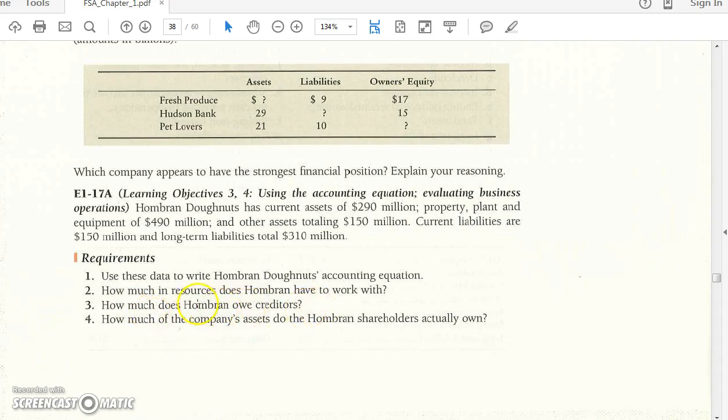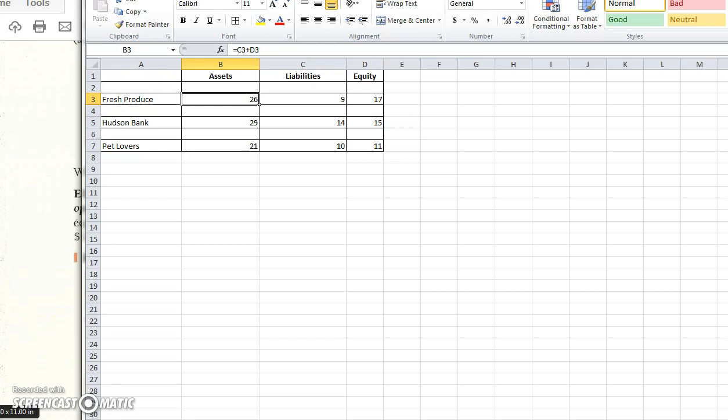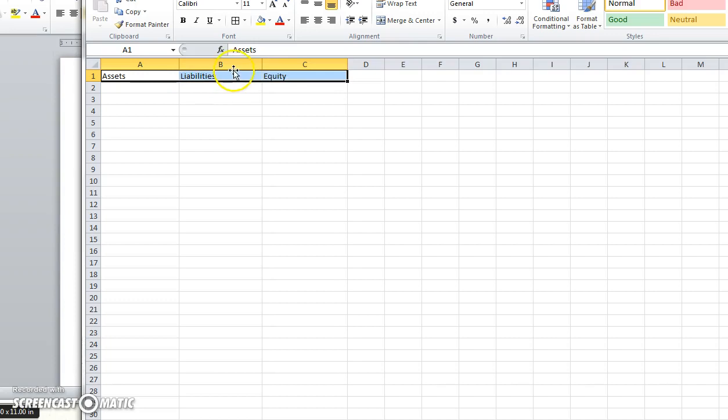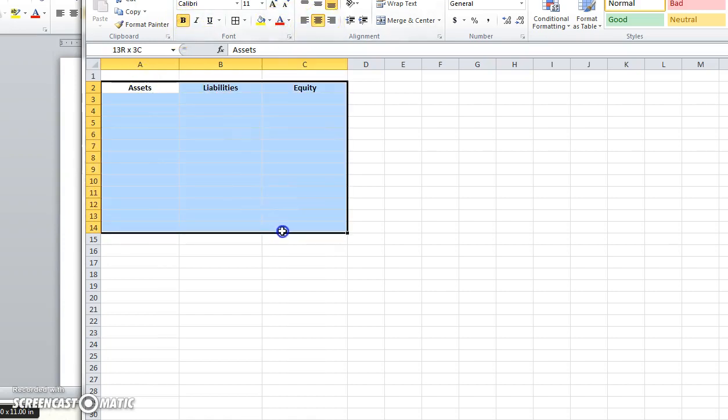That's liabilities. How much of the company's assets do the shareholders actually own? Let's take this information and do a spreadsheet on it. Okay, 17. So let me just plug in some numbers. We've got assets and liabilities and equity, and we can just plug in some numbers. Just going to make it easier for me to read.